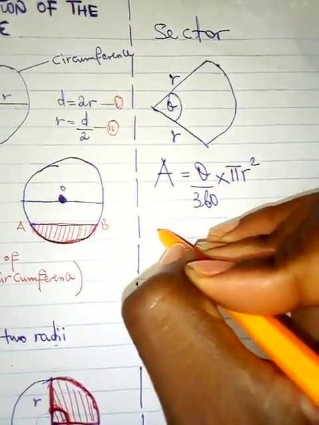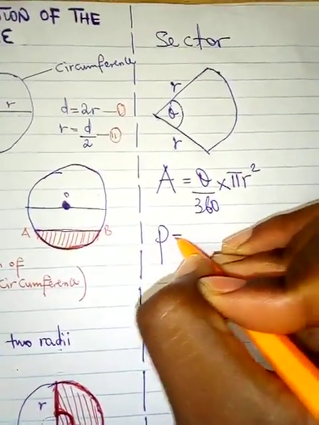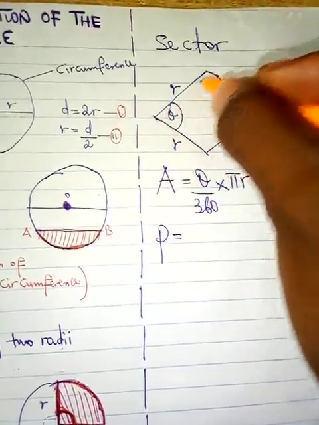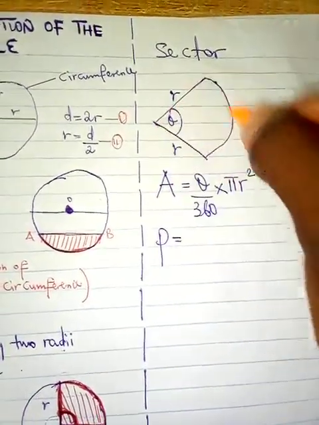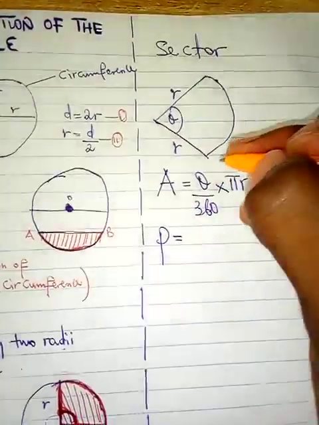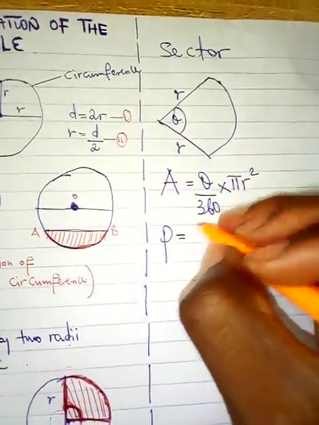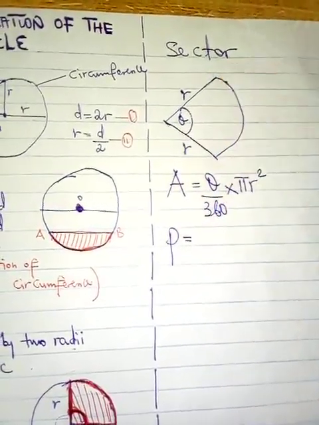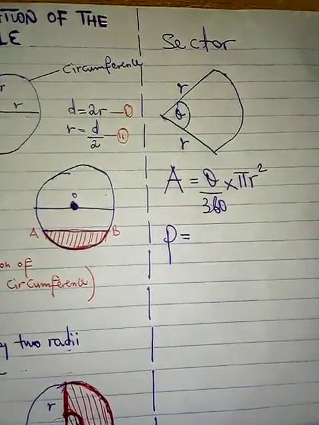If you're talking about its perimeter, the perimeter of a sector is going to be given in this way. Remember, it's the total distance around a given shape.